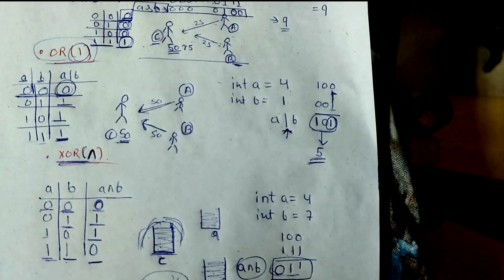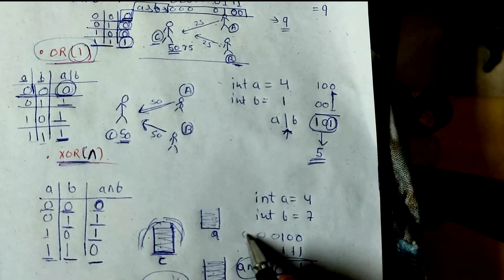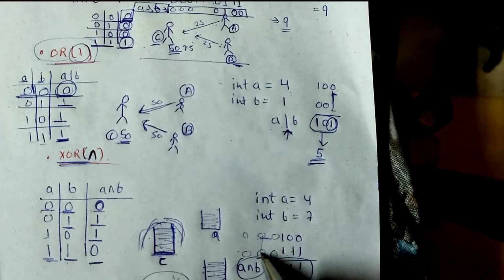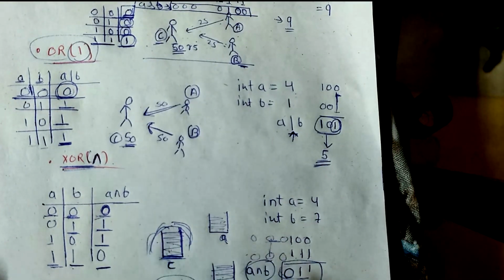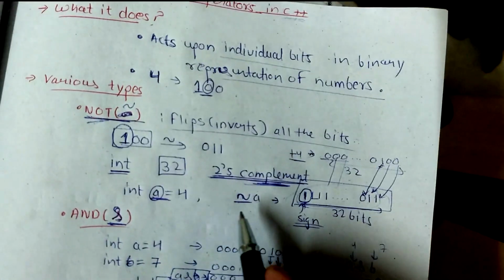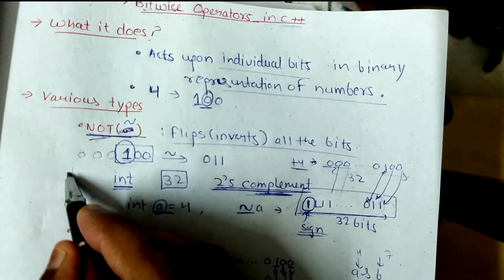So here I am writing 3 directly because the prefix bits are not affected, because 0 XOR 0 would be 0. So there would be just zeros. But in the case of the NOT operator, if I flip this, the preceding zeros would get flipped to 1.